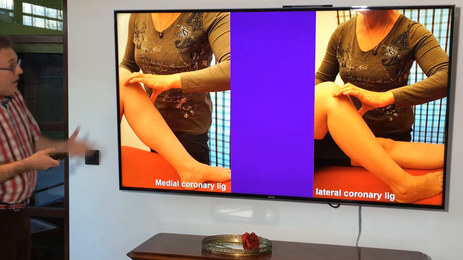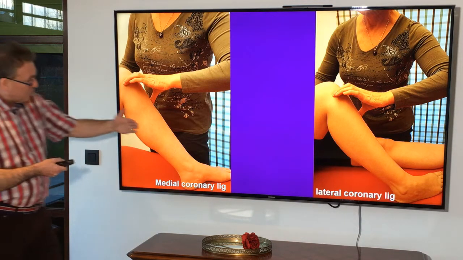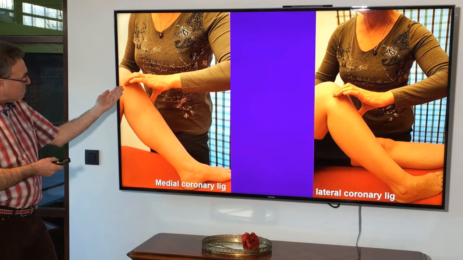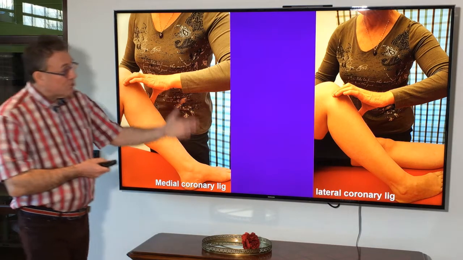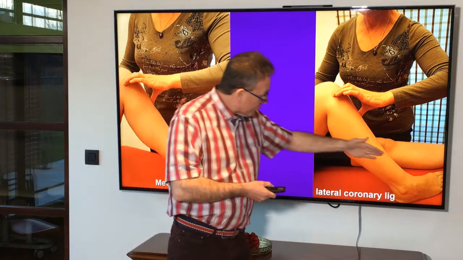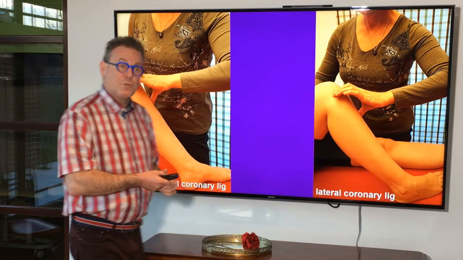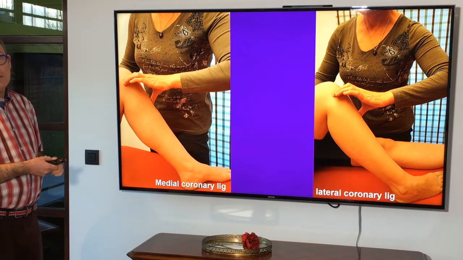Yeah? And then the palpation of the medial coronary ligament, so you have to put the knee in lateral rotation so that the medial tibial plateau becomes more prominent. You just do the opposite for the lateral coronary one, you go to medial rotation so that the lateral plateau becomes more prominent, and you just have to palpate on the plateau.